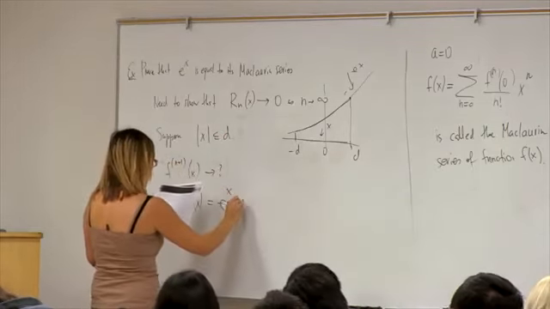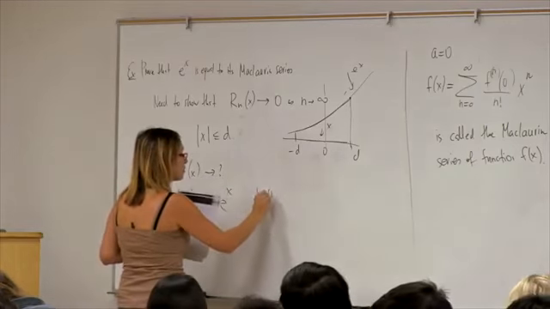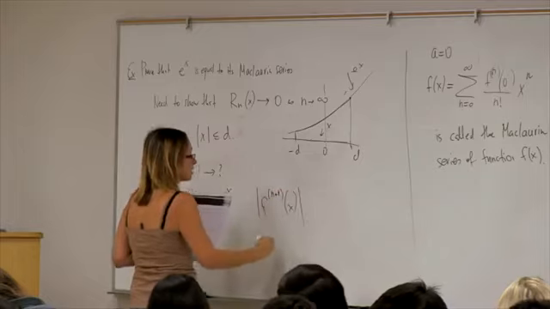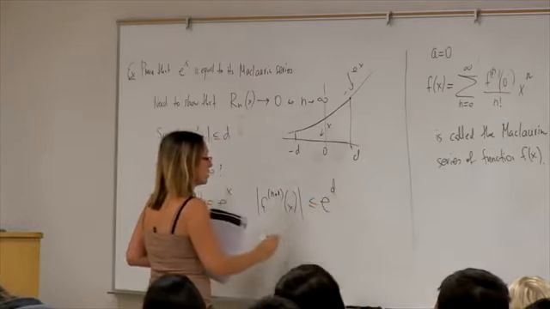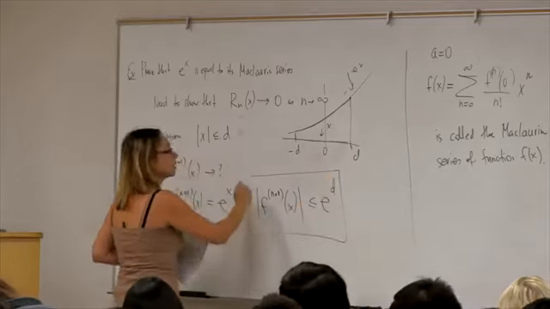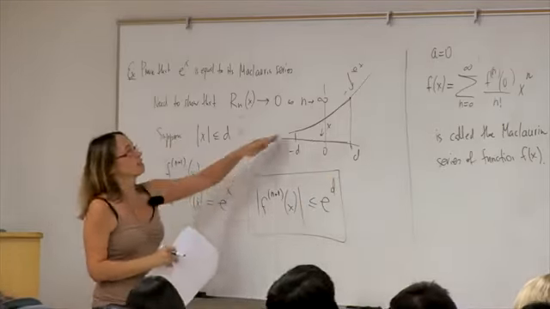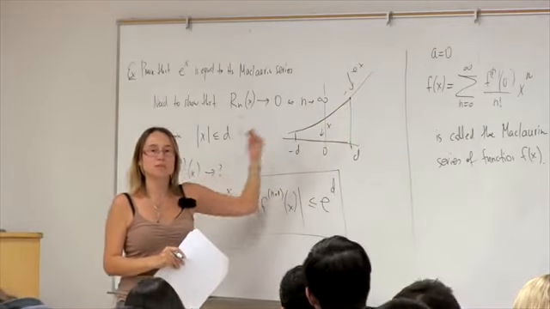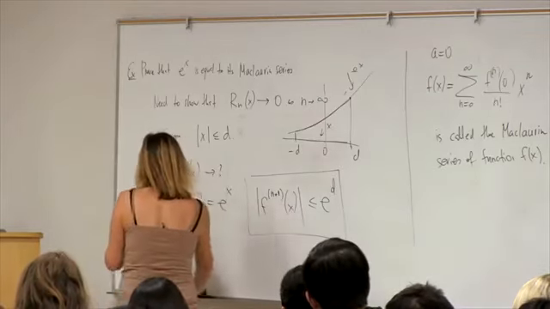So we can say that the absolute value of f^(n+1) of x is less than or equal to e to the d, just because this function is simply an exponent. It never grows larger than e to the d. It's a finite quantity that bounds this derivative.